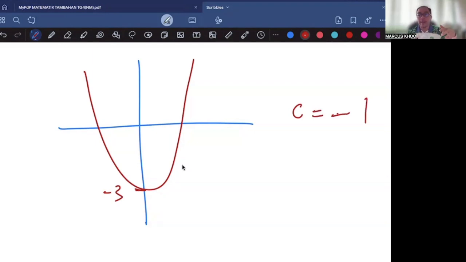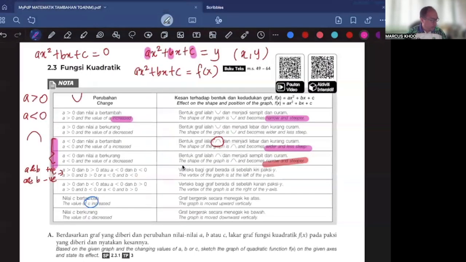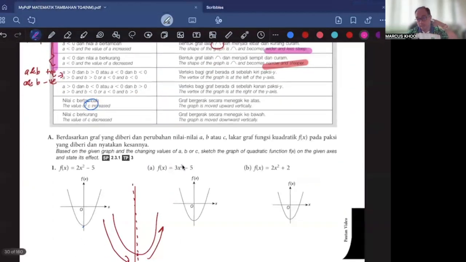It's increasing, right? My C is getting bigger. So that means this red graph will go up. What I will get is the same graph, except that it will be here, where this is -1. As if the graph has been moved up. Likewise, if you decrease the value of C, the graph will go downwards vertically.